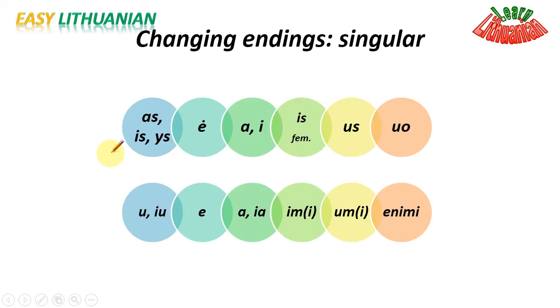Perhaps other nouns had o endings, but they were shortened. So as changes to o, is changes to ių, and is changes to ių. Soft endings. So if you have skėtis, an umbrella, su skėčiu, with an umbrella, you have the sound alternation. Remember this.